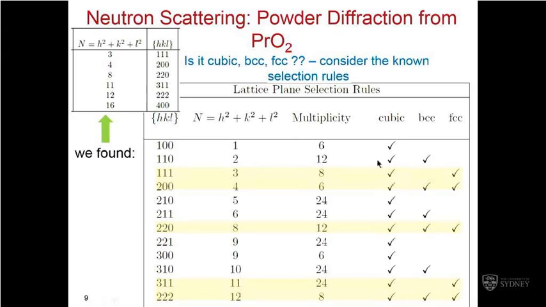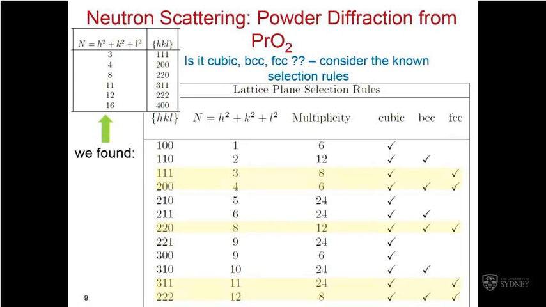And we know from our selection rules that cubic can have any Miller index and you'll get a spot. So you'll get an intensity for any HKL for cubic. For BCC, we would only get an intensity, does anybody remember what to?